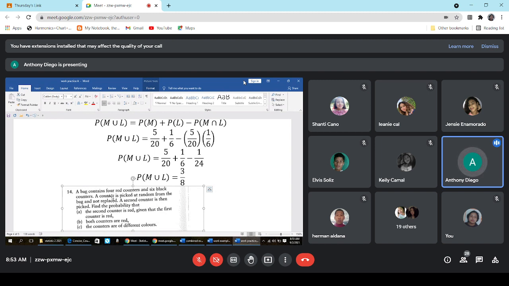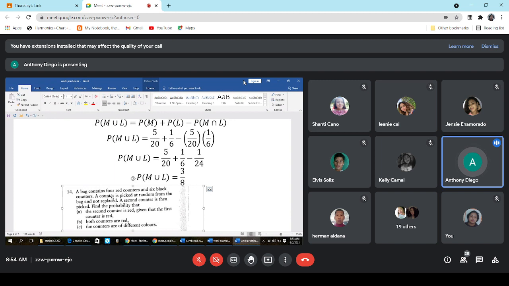Because remember, you are selecting and it is not replaced back. Are you getting the picture too? Well, everything else that everybody mentioned is also right, but that is one thing that you must bear in mind.